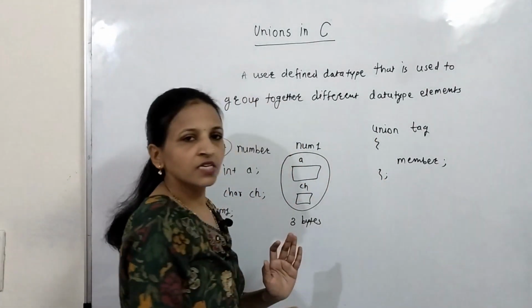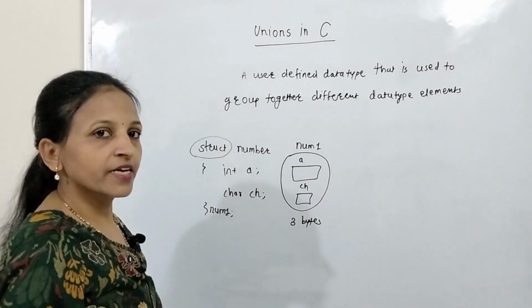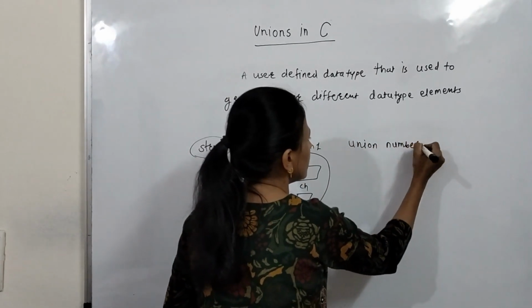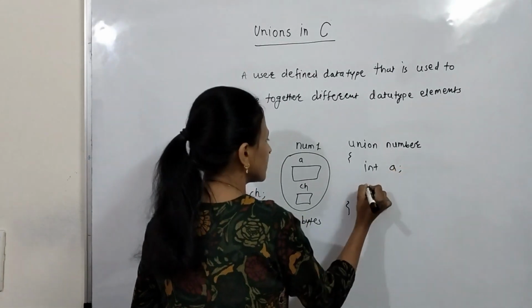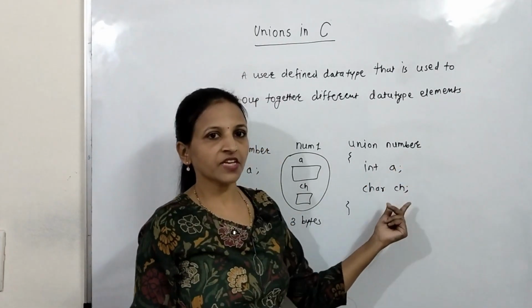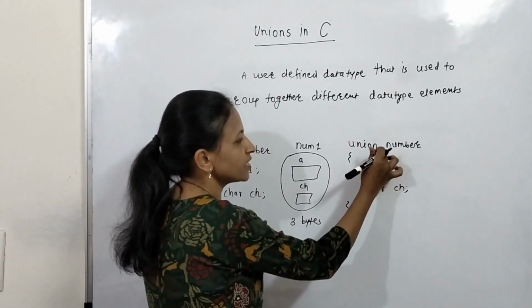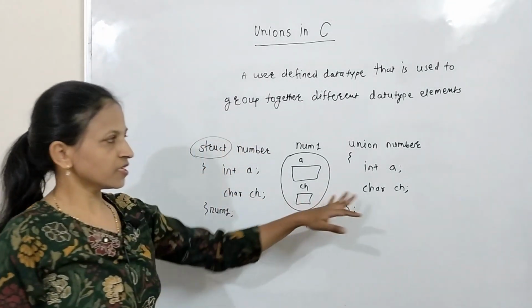Here we have to give a semicolon. Using that syntax I am going to create union number. Again the same thing, like one integer a and second one is character ch. This is the integer variable, this is the character variable, and we are grouping them together inside one union.